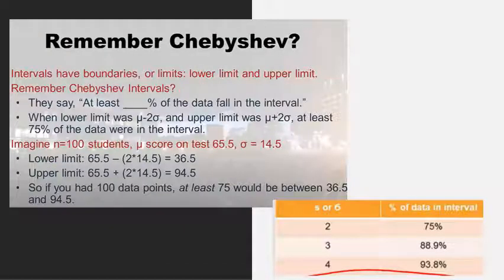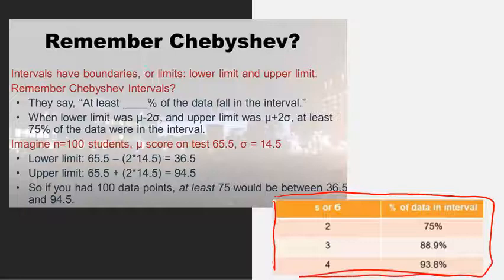Remember Chebyshev's Theorem? When we first learned about it, we used this chart that showed us that we could use the standard deviation, and if we choose to use 2 standard deviations, 3 standard deviations, 4 standard deviations, however many we choose to figure out our lower limits and upper limits, it would correspond to a certain percentage of data that fall within the interval.